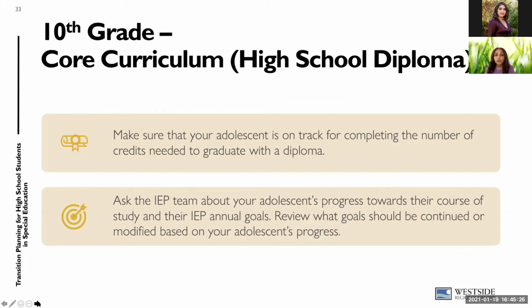Having an inventory of classes that the child has already taken in the 9th grade, is taking now in 10th grade, and what are the required courses that the child must complete before graduating high school. Looking at those and seeing where the child is in their progress in terms of meeting those requirements would allow us to plan and see what route and what support we should be giving the student.